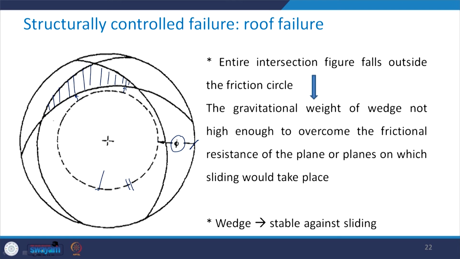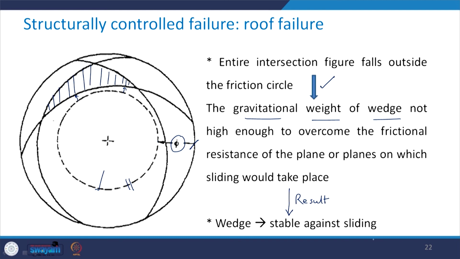So, this signifies that the gravitational weight of the wedge is not high enough to overcome the frictional resistance of the plane or planes on which the sliding would take place. So, as a result, your wedge will be stable against sliding.